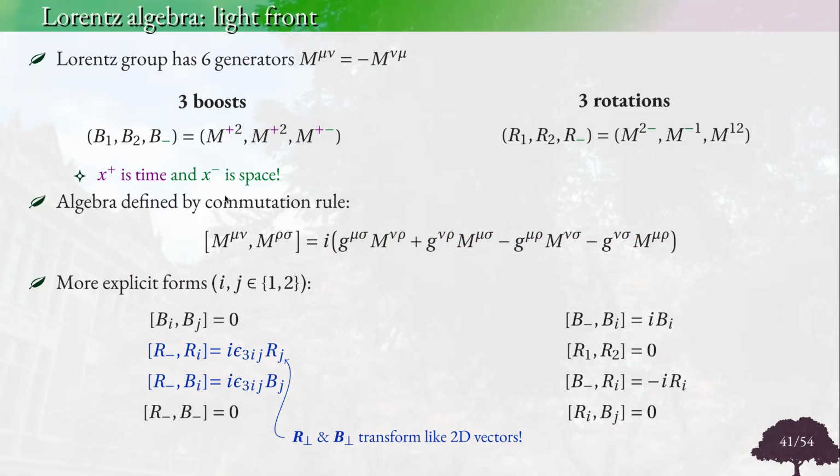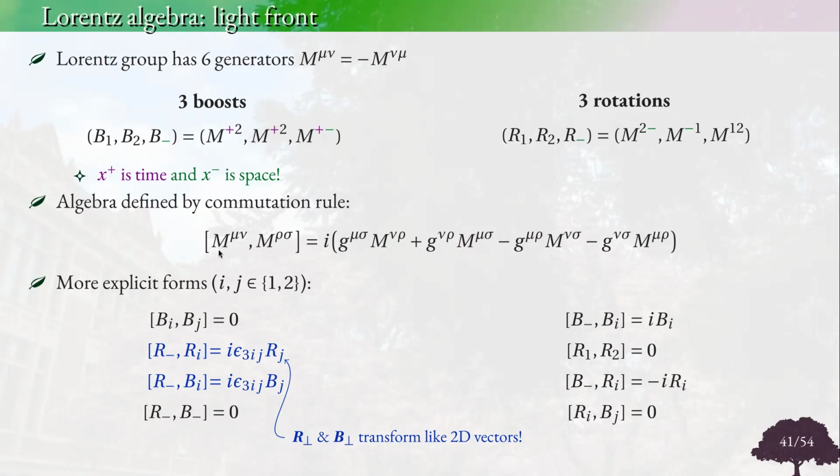Whereas in instant form, we were defining our boosts using M01, M02, M03, since plus is time instead of 0, this should be M+1, M+2, and M+-, which will be our 3 boosts. And our 3 rotation generators, instead of M23, M31, M12, will be M2-, M-1, M12, because by fiat, we're considering x minus to be space and x plus to be time.